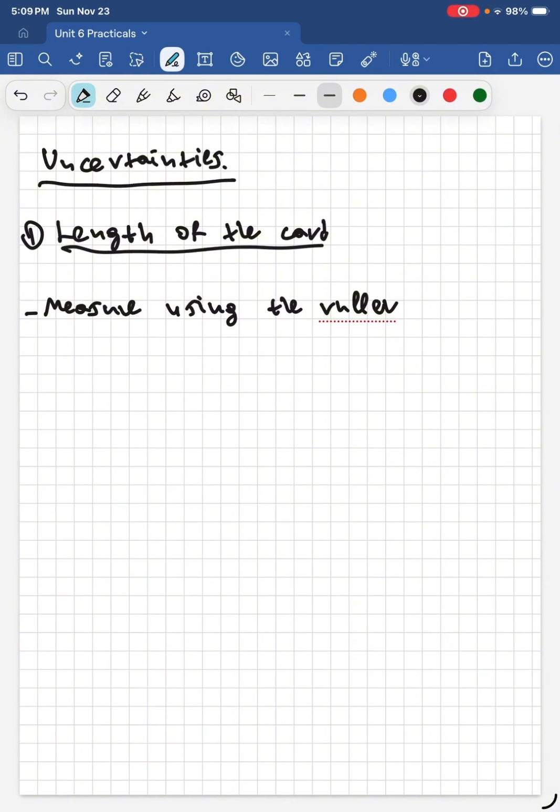So you measure using the ruler, and then the error is going to be plus or minus 1/2 the smallest deviation of the ruler.